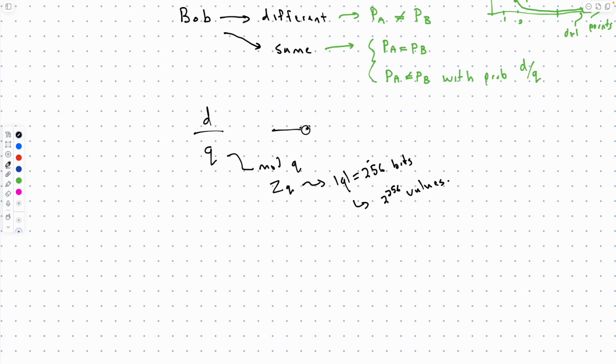In practice, we're going to have D over 2 to the 256.